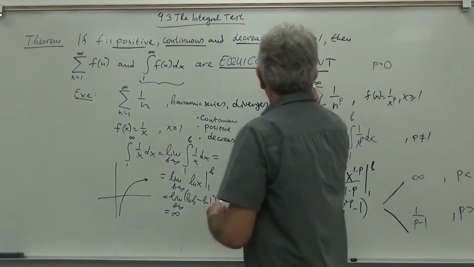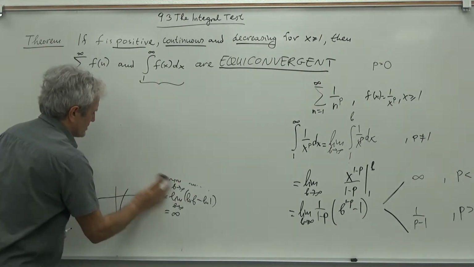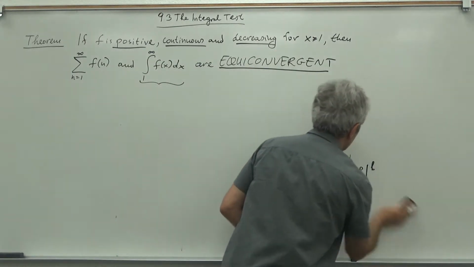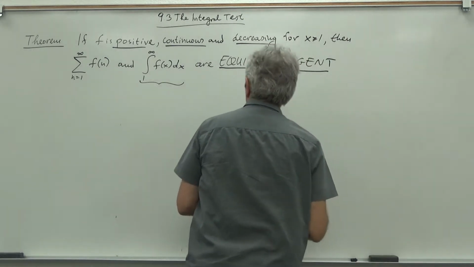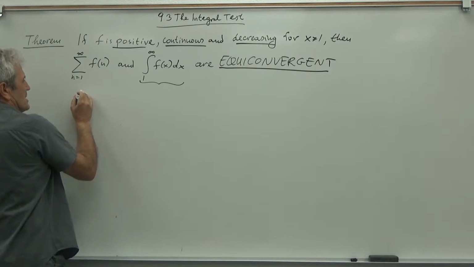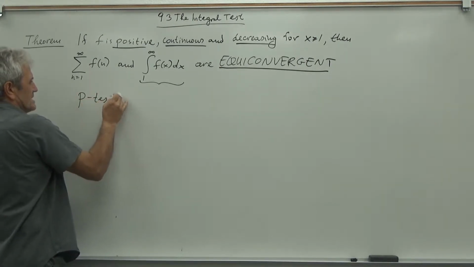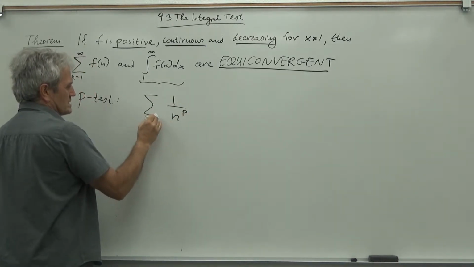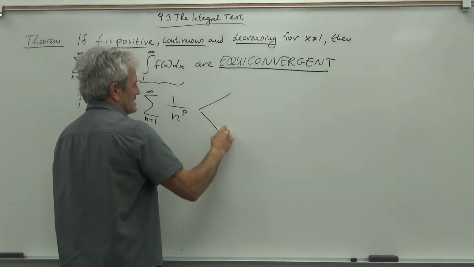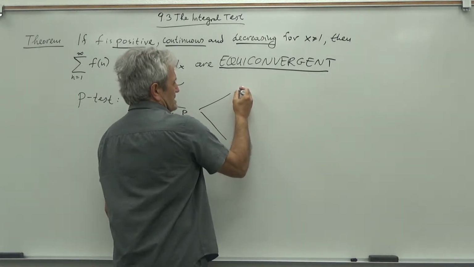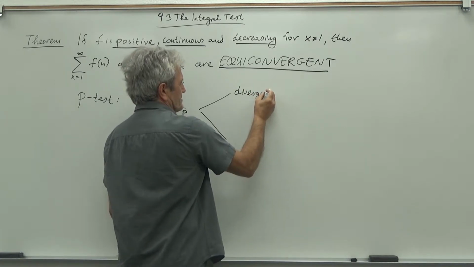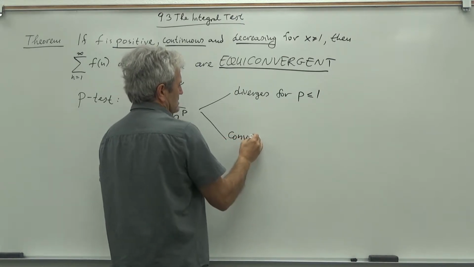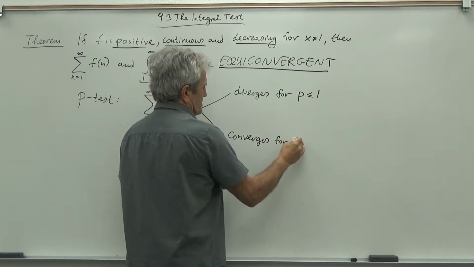So let me erase all this and just formulate it. The p-test says the sum of 1 over n to the p, where n goes from 1 to infinity, diverges for p less than or equal to 1, and converges for p greater than 1.